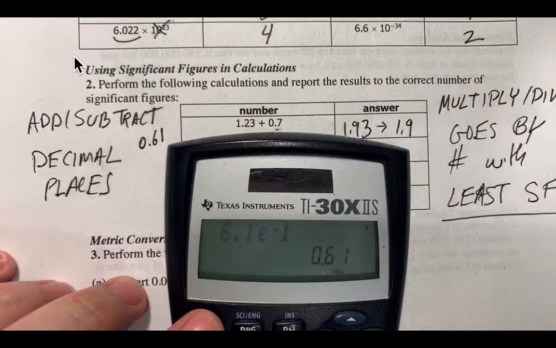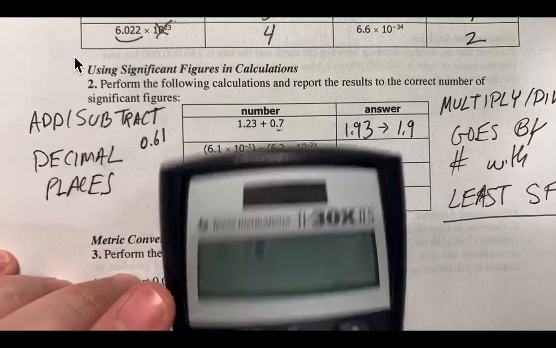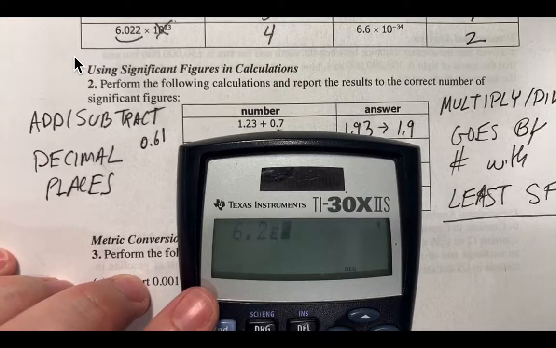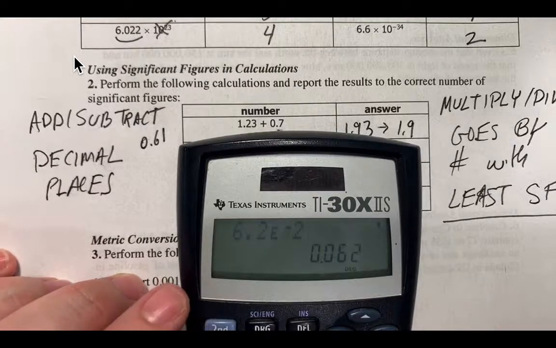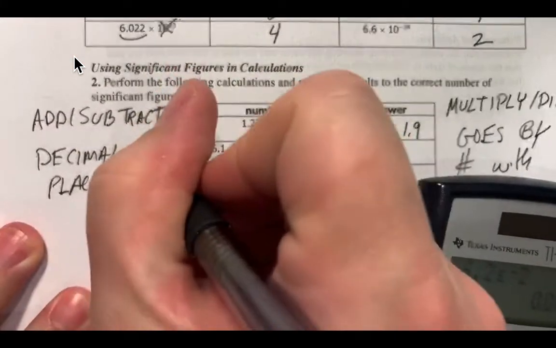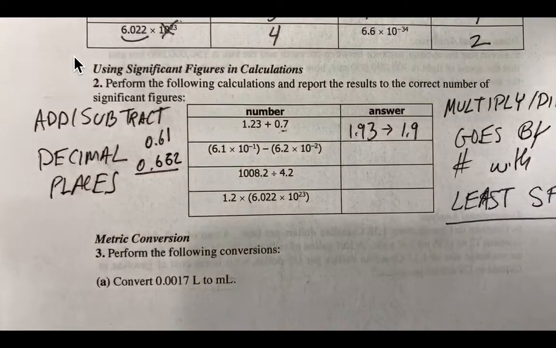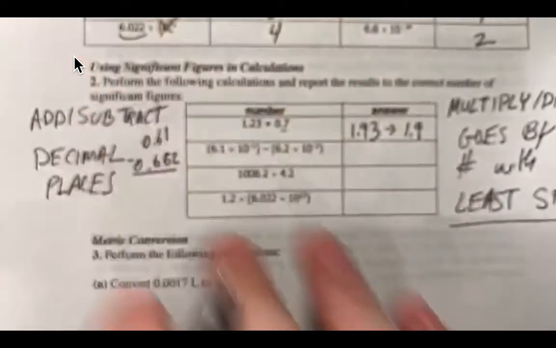And now my second number, 6.2 times 10 to the minus 2, and I have it still in floating, so 0.062. Okay, and I'm going to subtract.